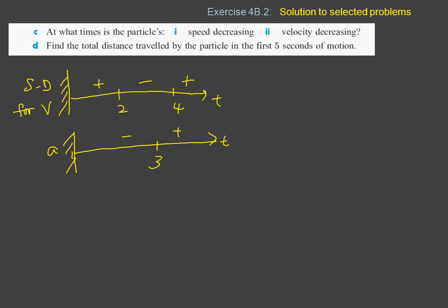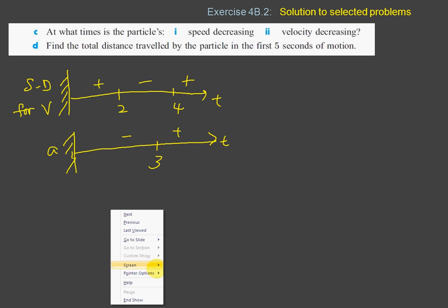So now, at what time is the particle's speed decreasing? All we need to do is just compare these two sign diagrams for the velocity and acceleration functions. If you check the theory, if they have different or opposite signs, then that's when the particle's speed is decreasing.